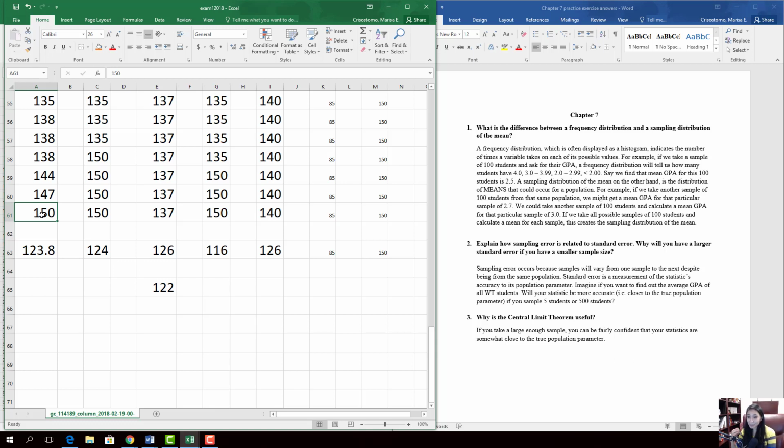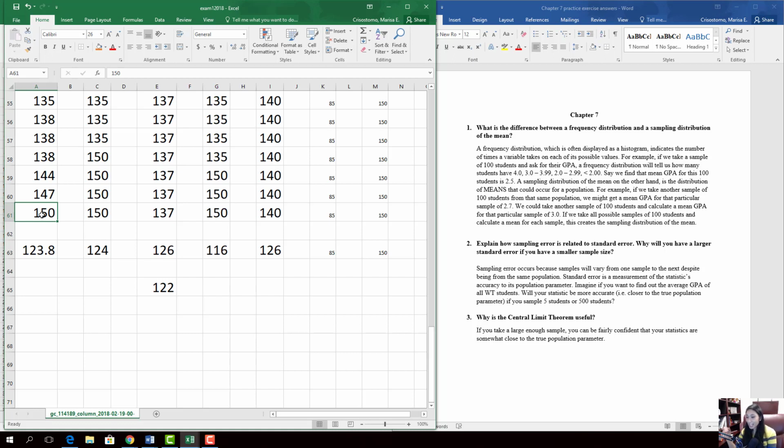If you take a small sample, say I have 1,000 students and I only take a sample of 5 students, how representative is that, or how likely is that going to be an accurate portrayal of the greater population? Not as likely as if I were to take a sample of 200 students out of 1,000 students.